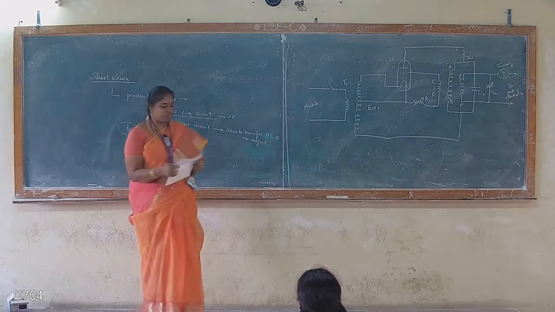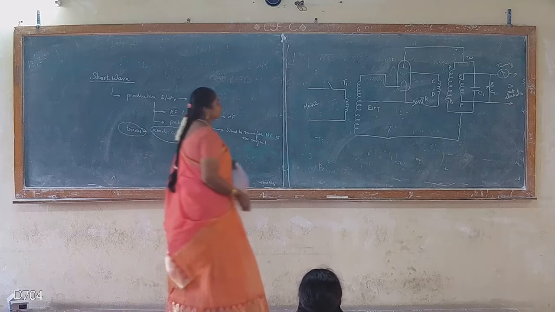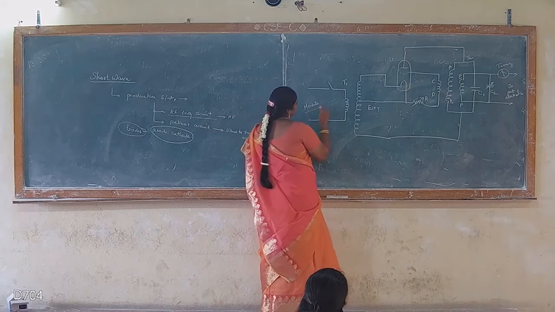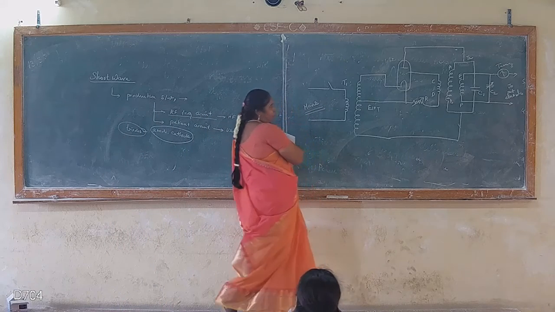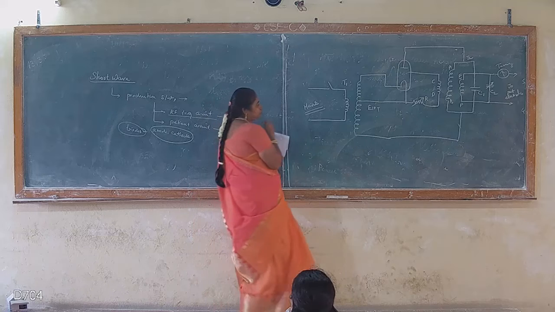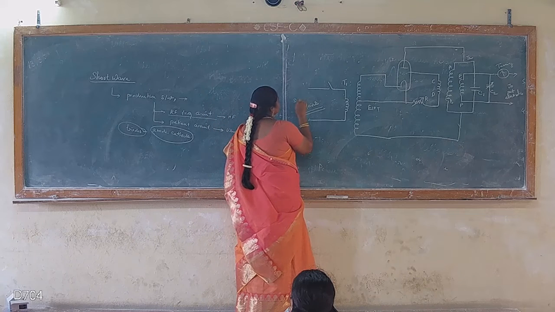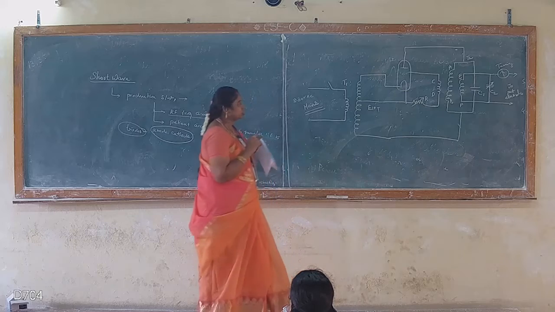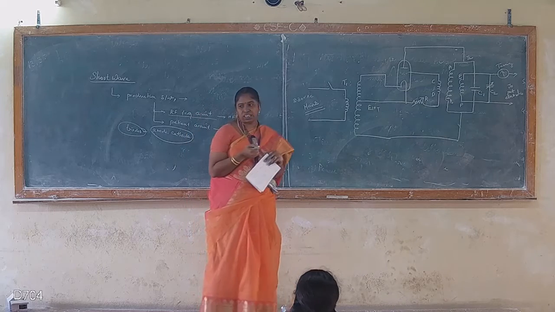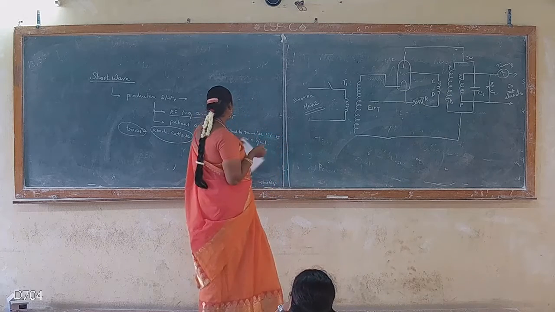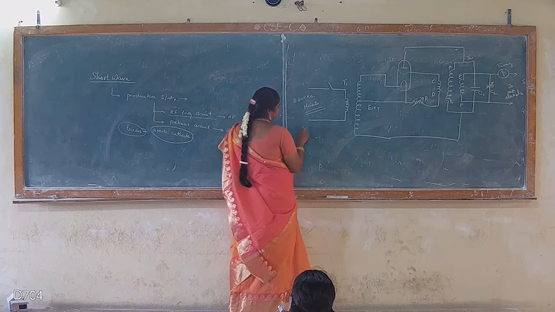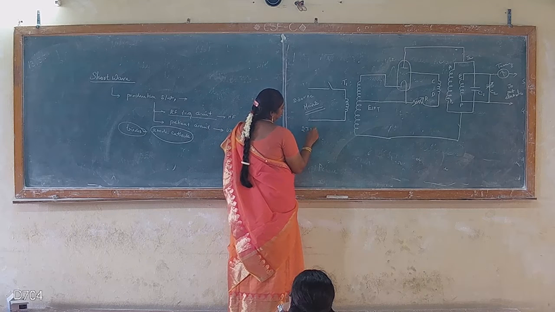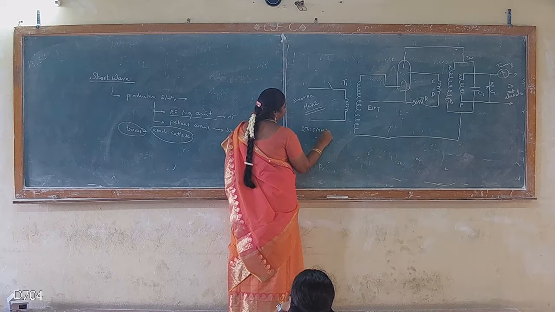So here in the shortwave diathermy circuit, first the supply is taken from the mains. This supply is a standard supply, that is 230 volt AC only. In order to produce a short wave, which means the short wave frequency range, already I said it is the 27.15 megahertz range.